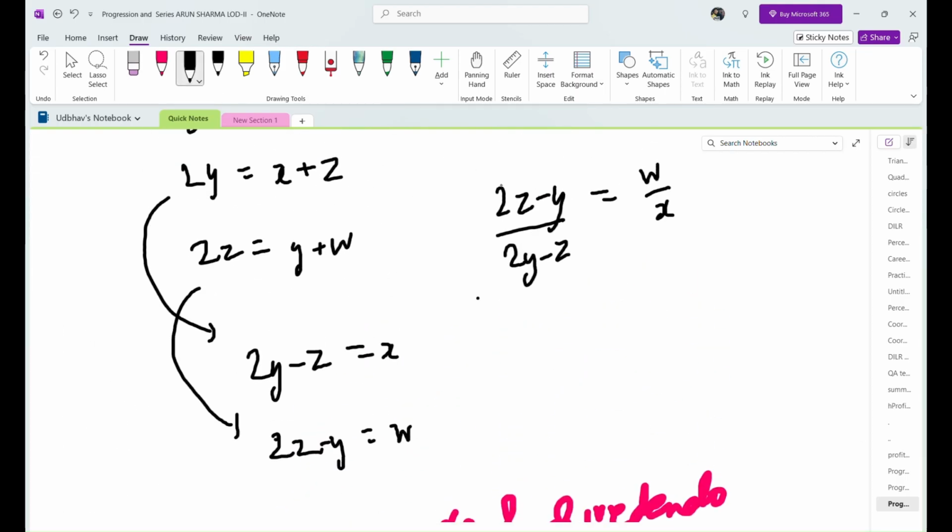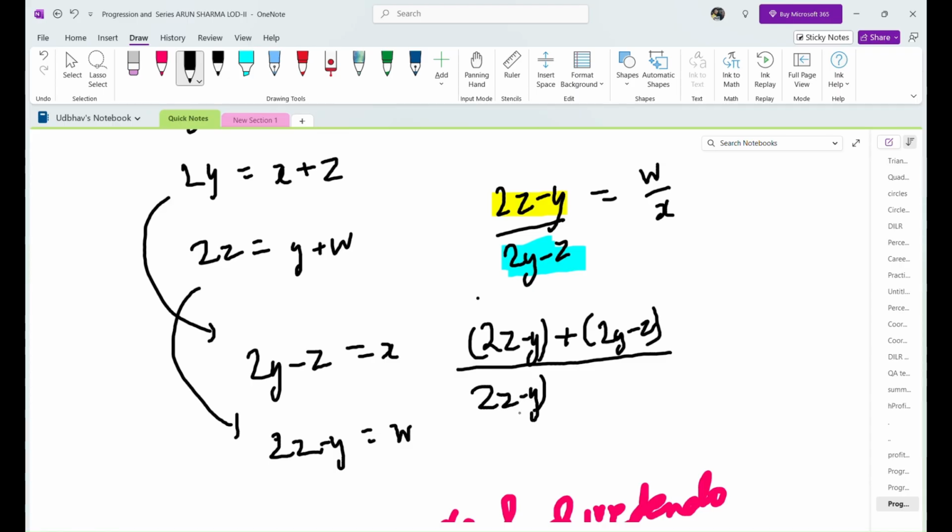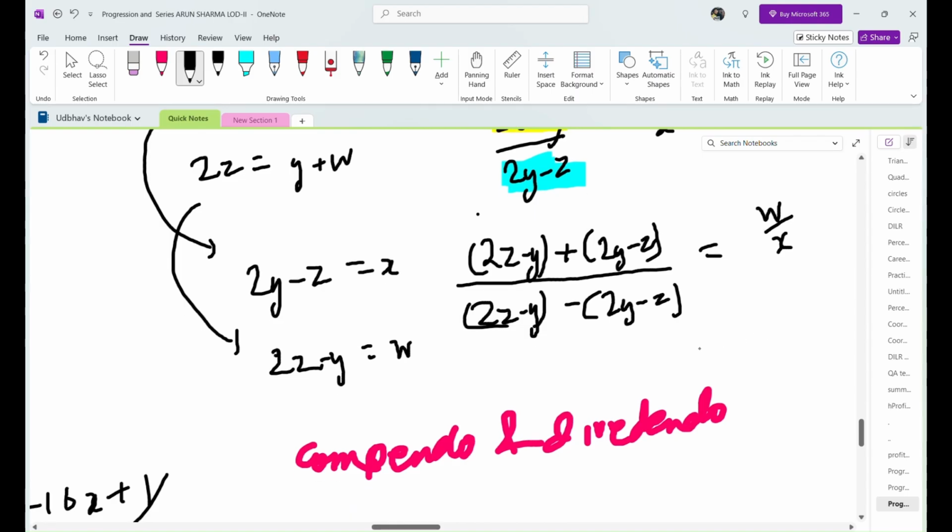Here my a is this and my b is this completely. So a plus b upon a minus b equals to w by x.